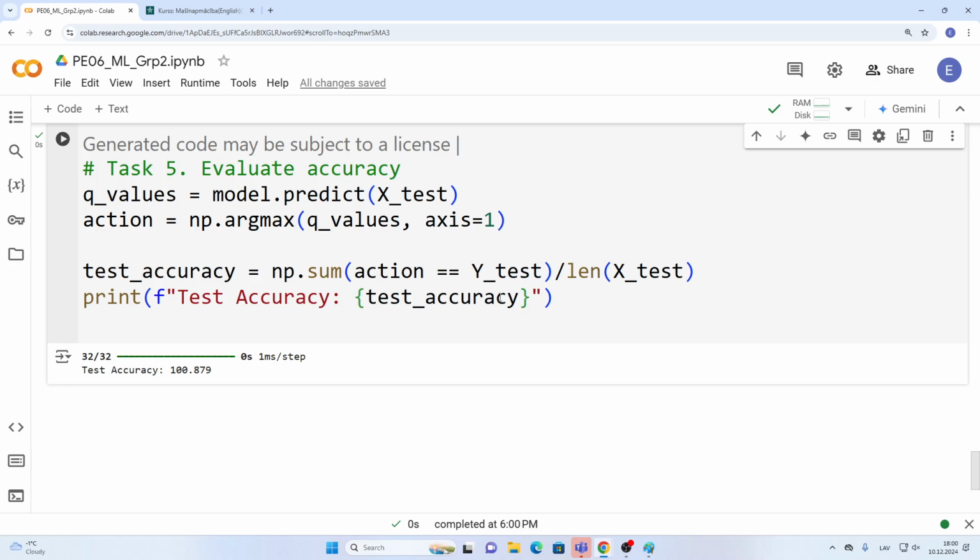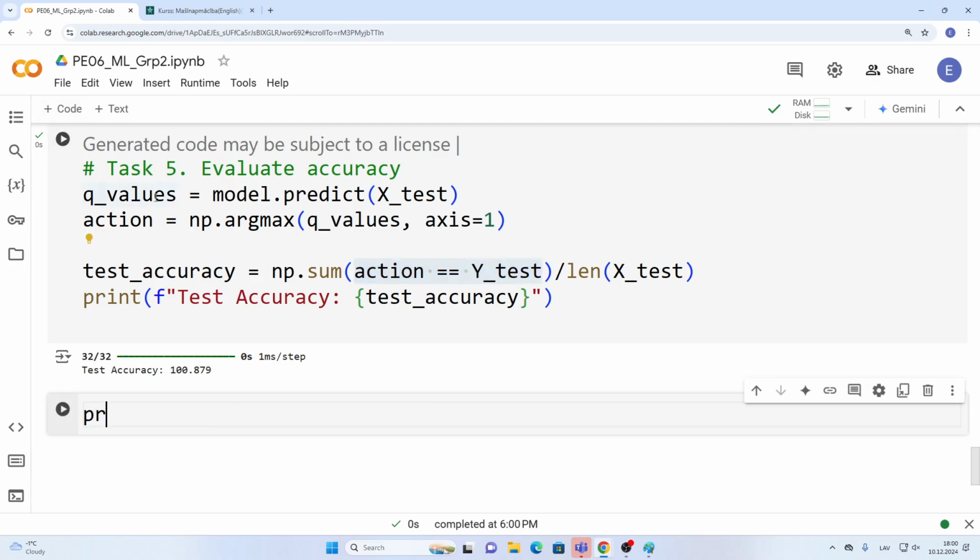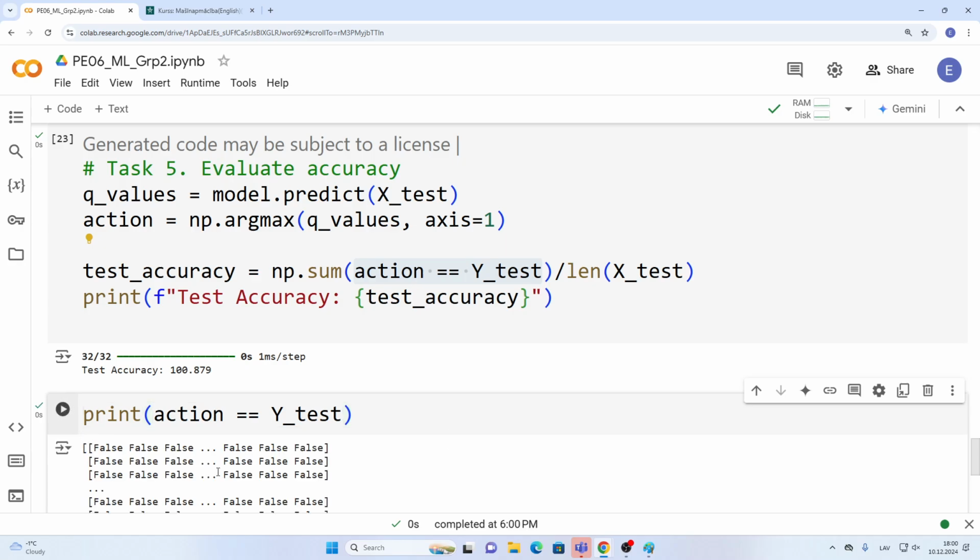Ah, but wait, it doesn't matter because here we add them either way. But just to see how exactly does this one look. Print, because if it is a matrix, it is a matrix. That's not what we want.